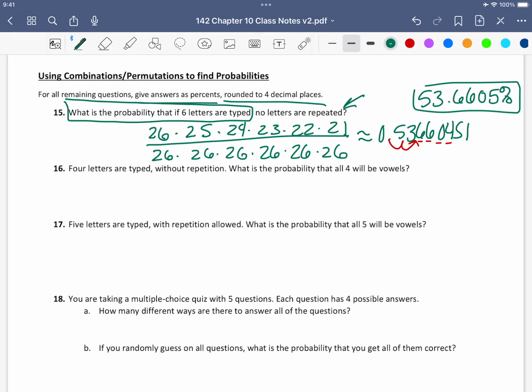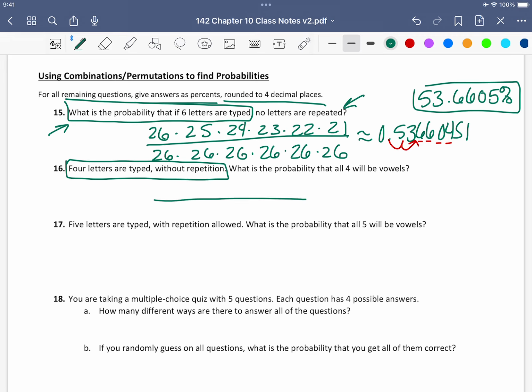Let's look at number 16. Again, notice the subtle difference: 4 letters are typed without repetition. This first part determines your denominator, just like up in number 15, where the denominator was 26 times 26 and so on because it did not mention the inability to repeat. This one says we cannot repeat, so I'm going to start in the denominator this time.